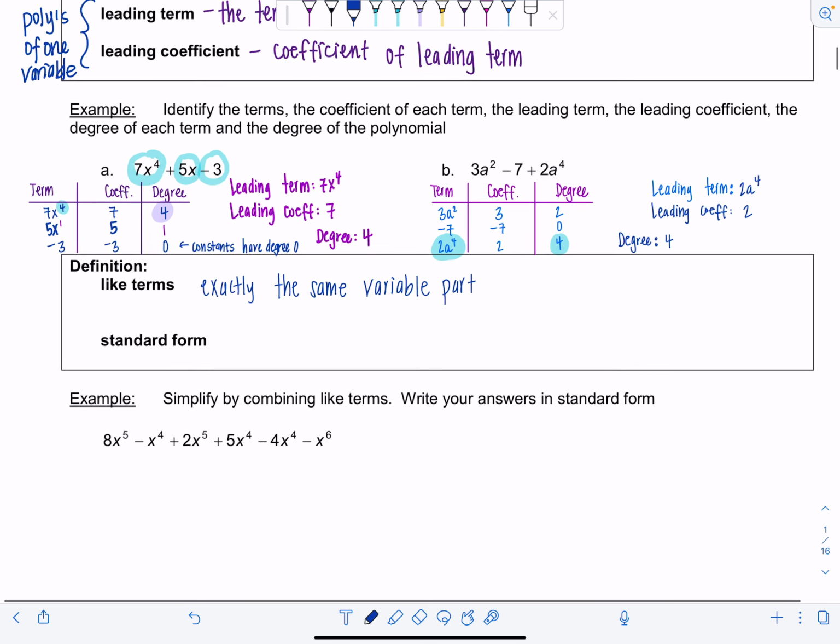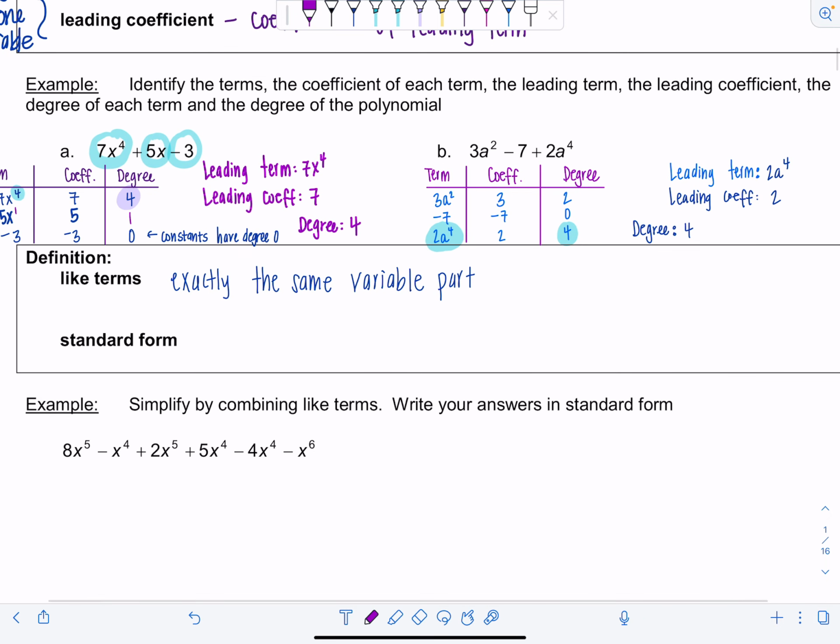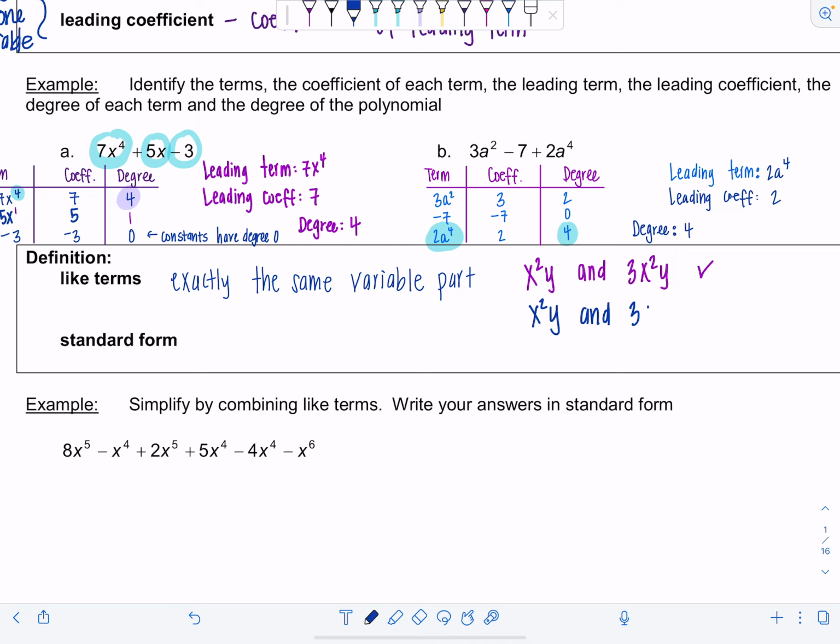So let me give you some examples. Say you have x squared y and 3x squared y. Yes, those are like terms. However, if you have x squared y and 3xy squared, no. Notice the variables are raised to different powers. The variable part does not match up.